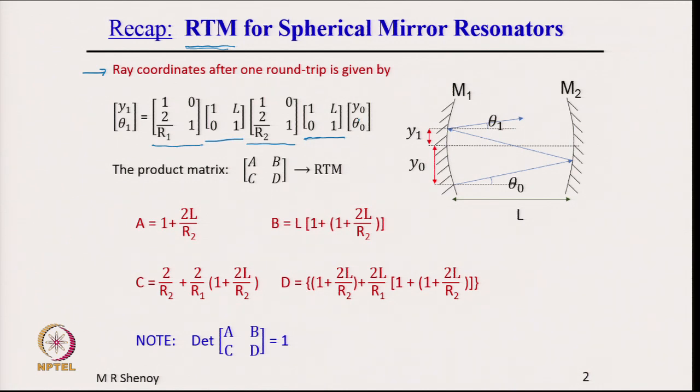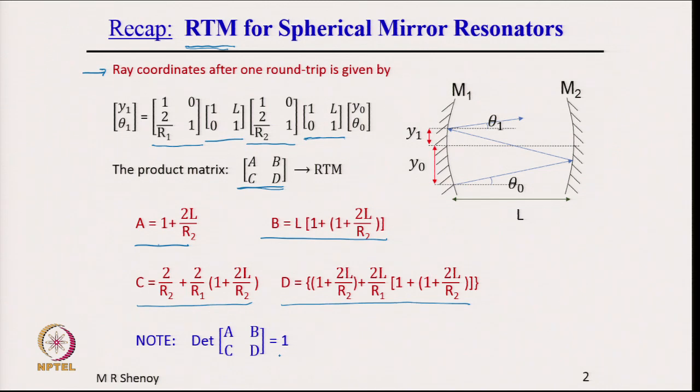The product matrix, if we designate it as ABCD, is called the ray transfer matrix. If we multiply these, the coefficients are A, B, C and D. These are the elements of the ABCD product matrix. Note that the determinant of ABCD is 1.